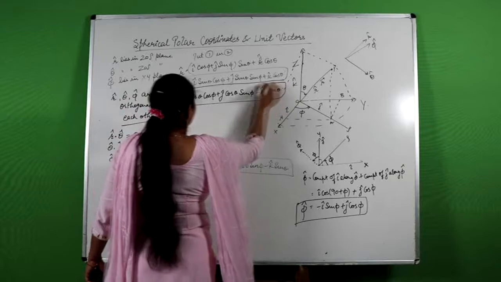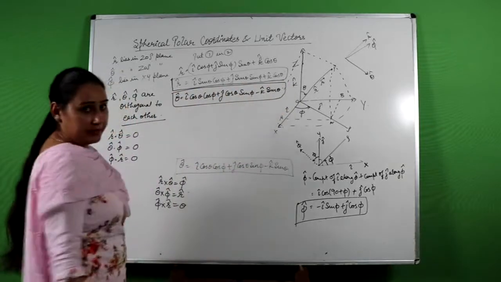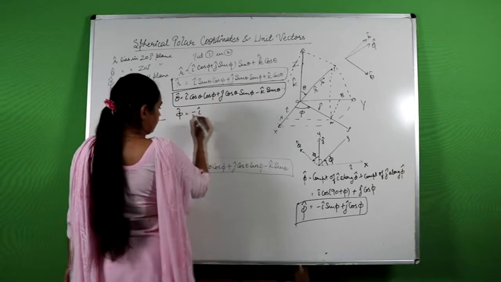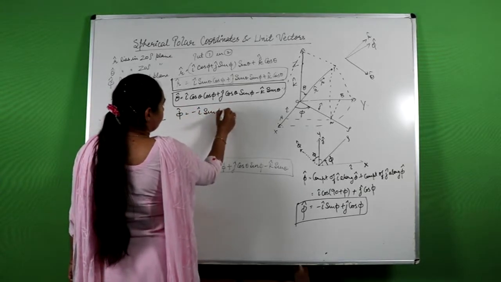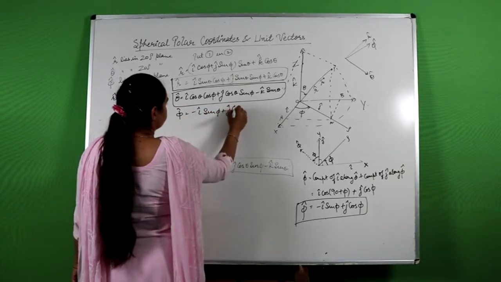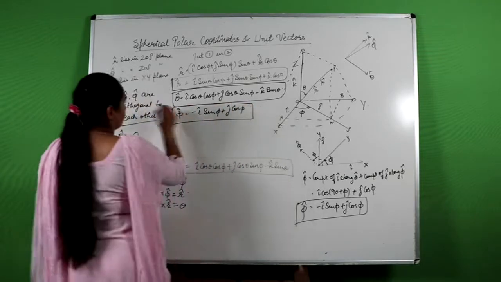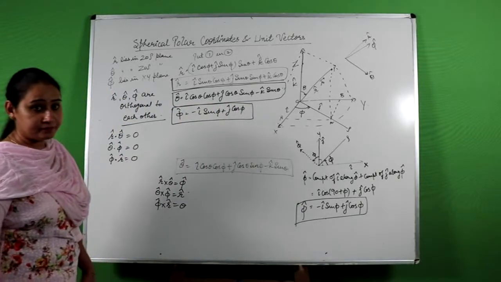And my third value is phi cap, that is minus i cap sin phi plus j cap cos phi.